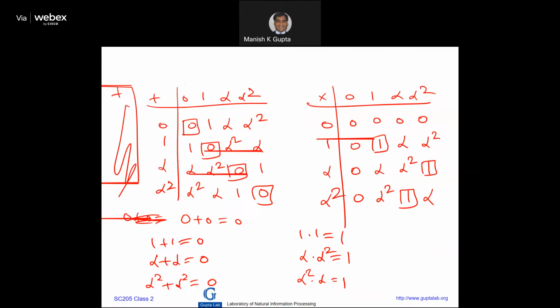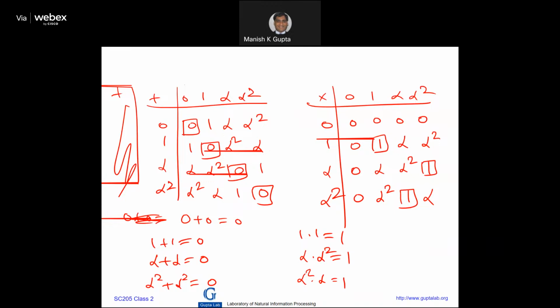So Z7, it is a field. You try some of these examples and then you observe that integer modulo n is a field if and only if n is a prime number. Integer modulo n is a field if and only if n is a prime number. Why is that? It requires you to take a couple of coffee or tea to observe.